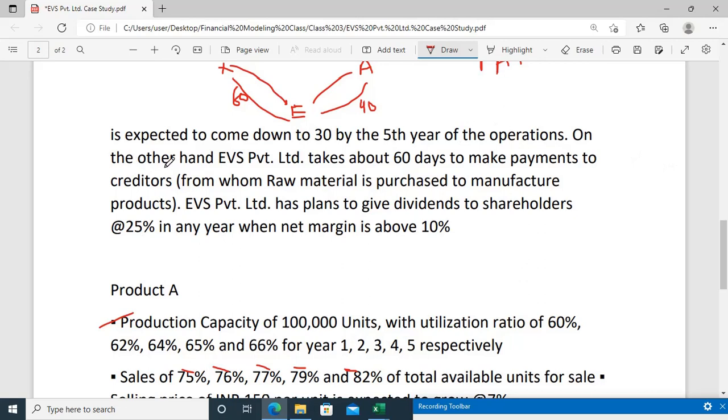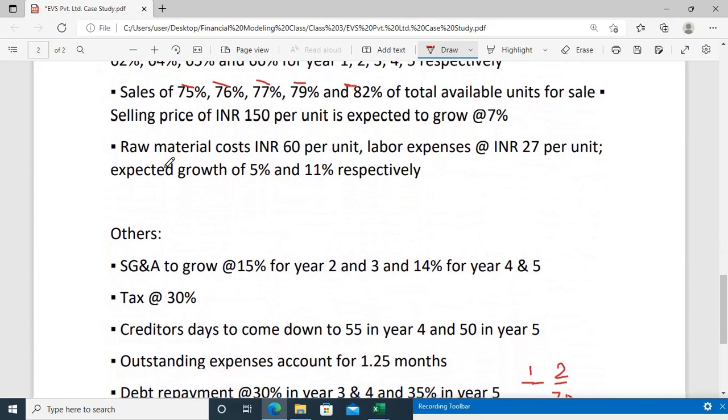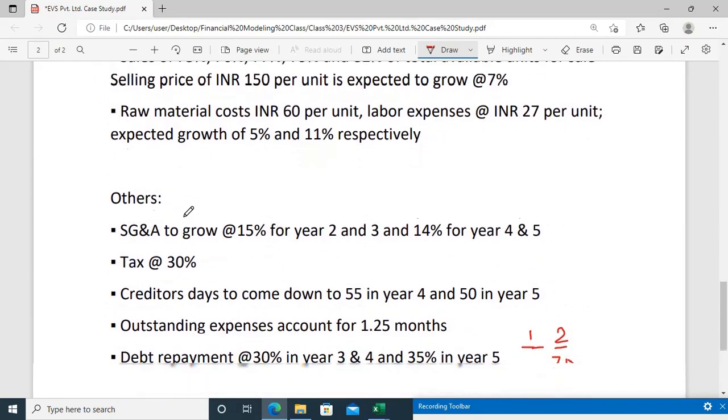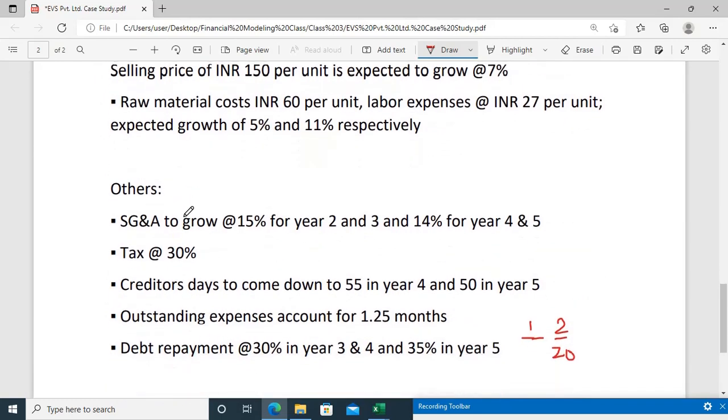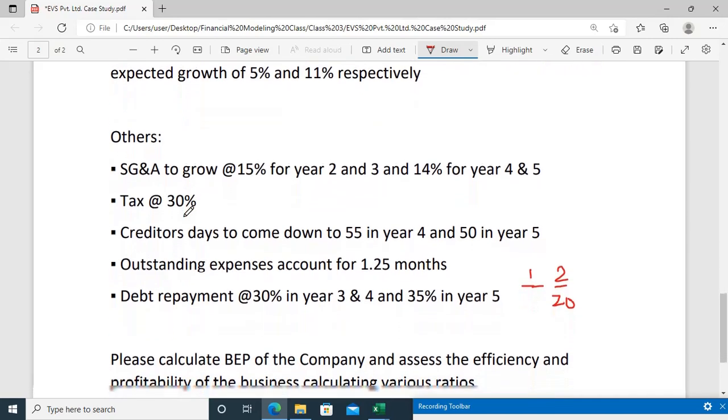On the other hand, EVS Private Limited takes about 60 days to make payment to creditors from whom raw material is purchased to manufacture products. EVS Private Limited also has plans to give dividends to shareholders at 25% in any year. Okay, that is a different thing. So yeah, 60 days. Any additional information? Let us check.